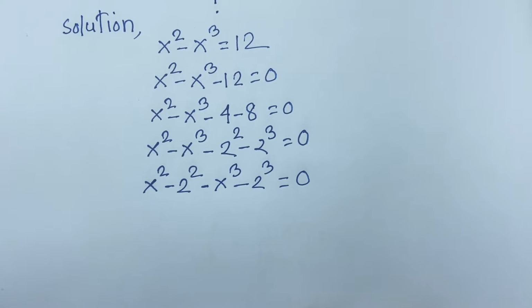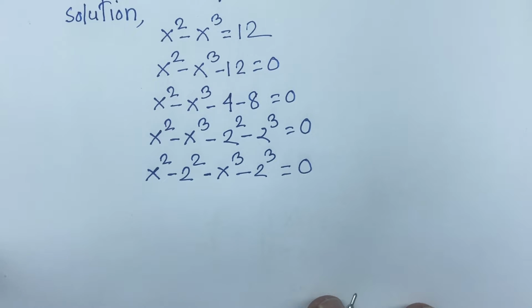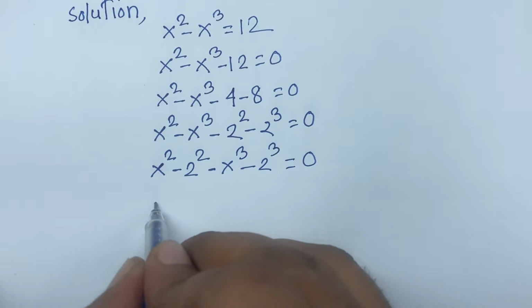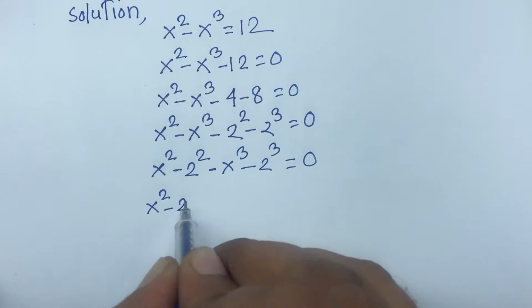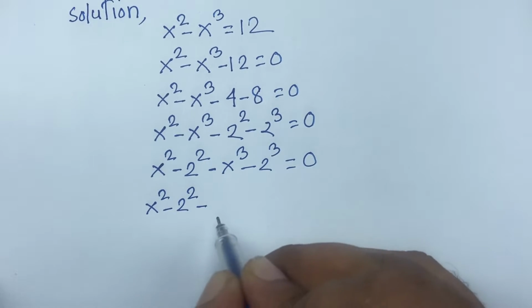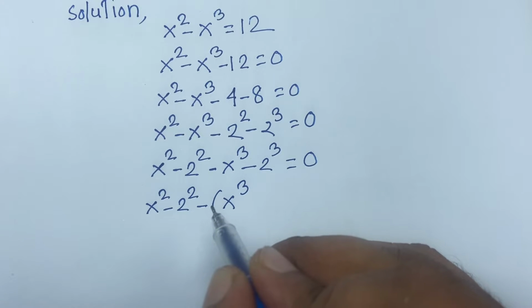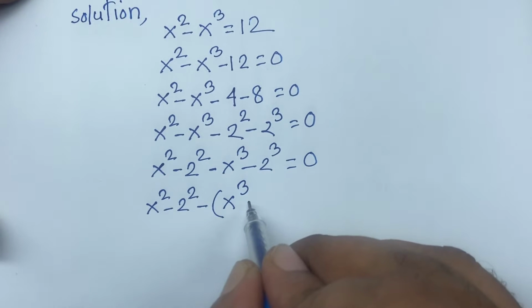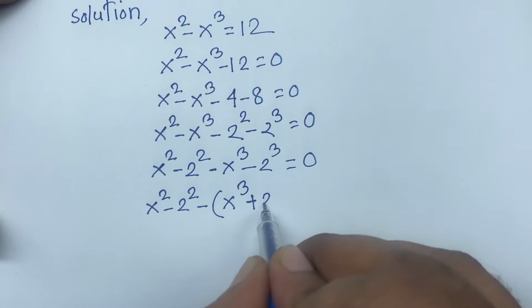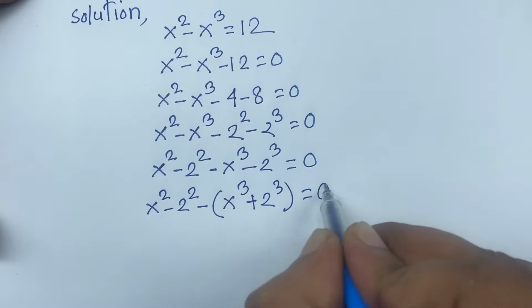Then this equation becomes x square minus 2 to the power 2, and here minus is common, so it will be x cube plus 2 to the power 2 is equal to 0, because minus minus will be plus.